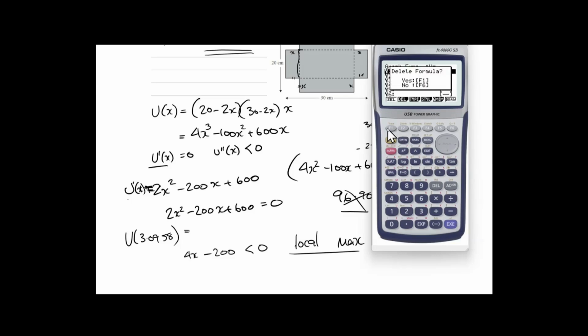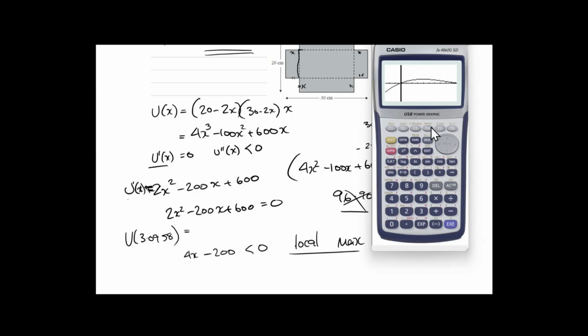Didn't do it, then we still have the last ones from last time. Okay, so 4x to the power of 3 minus 100x squared plus 600x, and we're going to draw it, and then we're going to zoom, and we're going to find this maximum point.